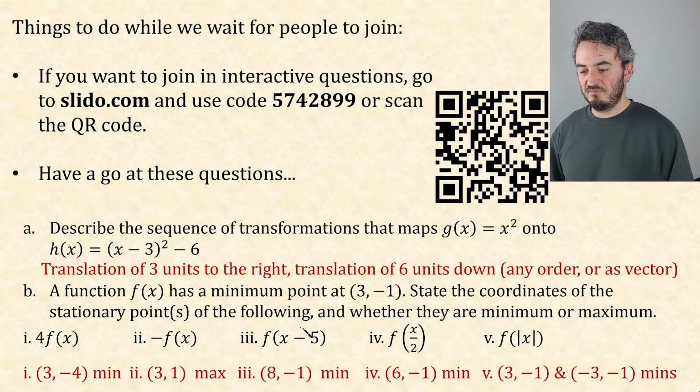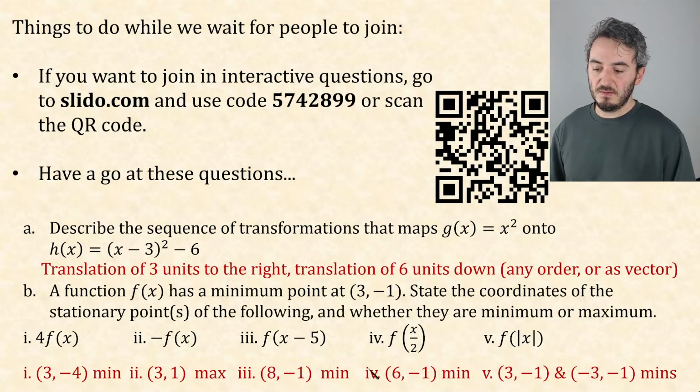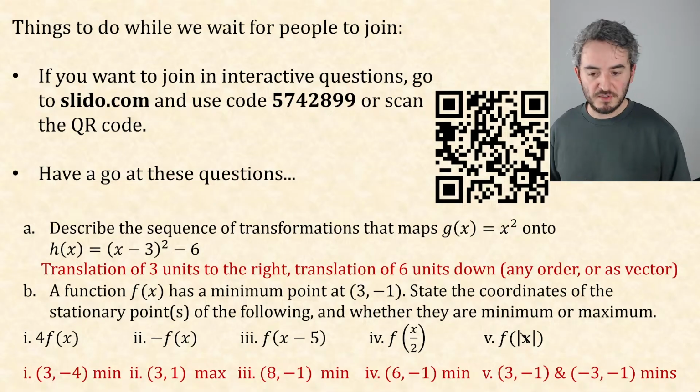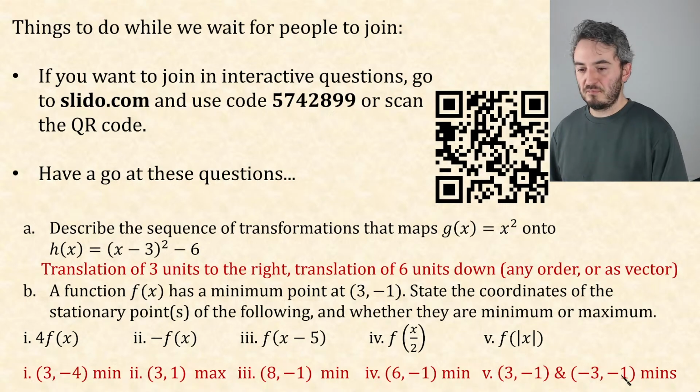More on that later. This one here shifted the x value 5 to the right, and it stayed a minimum. This one here multiplied the x value by 2. And this one here, a sneaky one, we'll come on to that. Well done if you got this. This one kept the same minimum point here and then it created a new one over there. But we'll explore that in a moment.